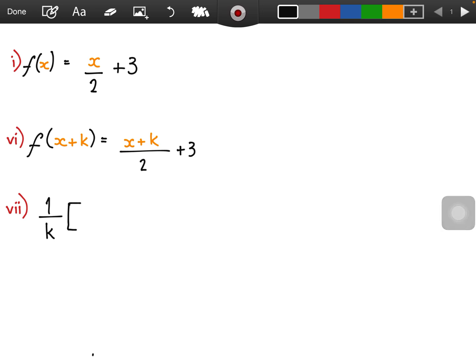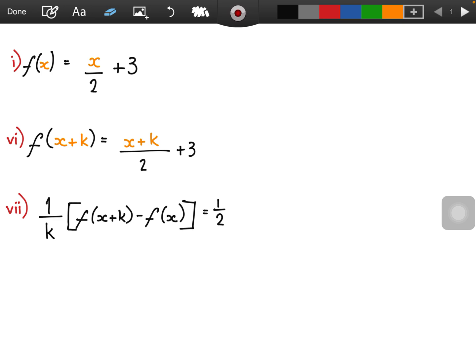So sometimes we just switch them out with square brackets, and it doesn't really mean anything more than that. That is just a normal bracket to show that it's multiplying. And within that bracket, we have f of x plus k minus f of x. And they want us to prove that that is equal to a half.